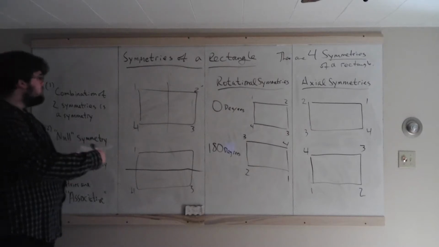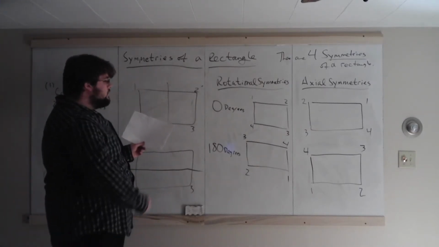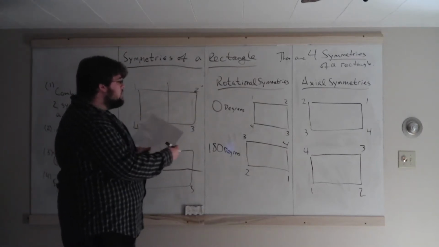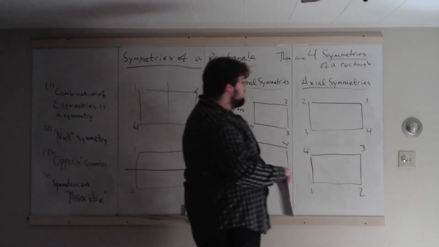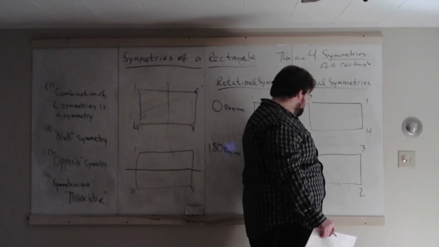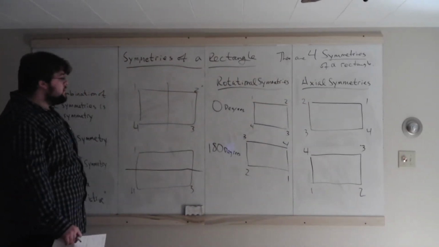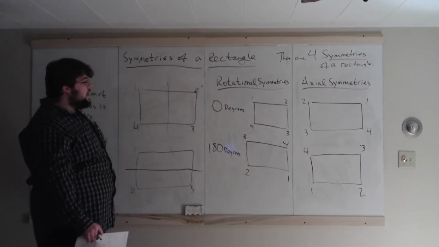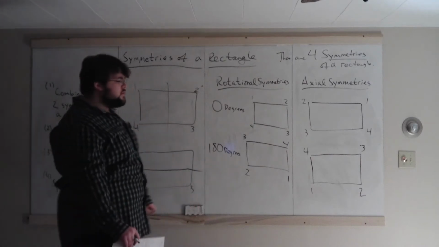What would happen if you do both? If you apply both axial symmetries, you will not get the same result. If you apply both axial symmetries, you'll get what? This and then this. So it would be the rectangle with 4, 3, 2, 1. So actually, as a side observation, this symmetry operating on this symmetry results in a 180-degree rotation.